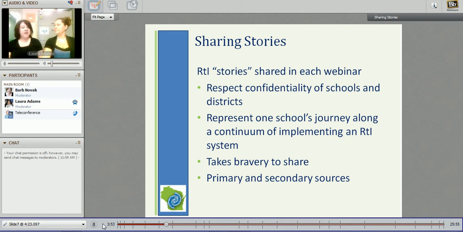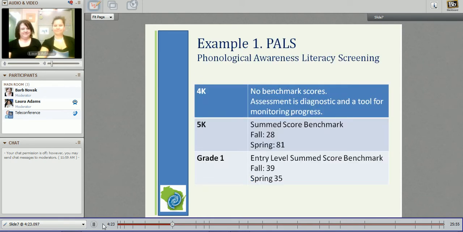People are sharing those examples in hopes of furthering our field. They're not sharing their stories to open themselves up to criticism or to necessarily even share exemplars. They're simply sharing their stories and where they are. In some cases, people will call in to share their stories. In other cases, Laura and I will tell people's stories on their behalf. So just recognize, too, that sometimes you're getting a primary source and sometimes you're getting a secondary source. Today, all secondary sources.